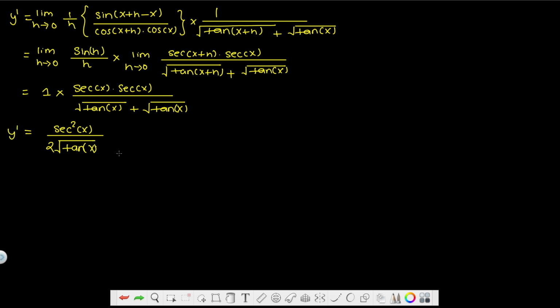So this is our derivative for square root of tan x. Thank you.